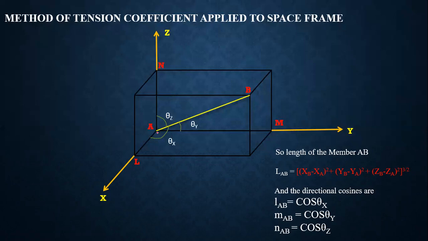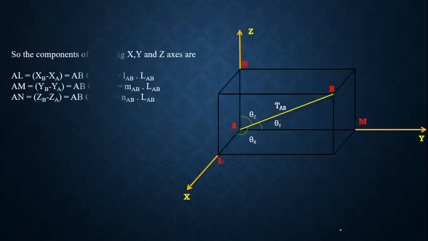L AB, the member in L direction, will be cos theta x; AB member in M direction, cos theta y; and AB member in N direction, which is NAB, equal to cos theta z. So the components of AB along x, y, and z axis are: AL equal to XB minus XA, because AL is only in x direction.